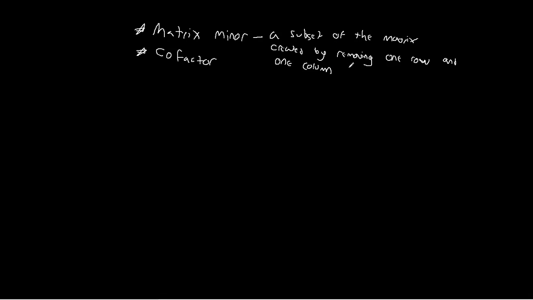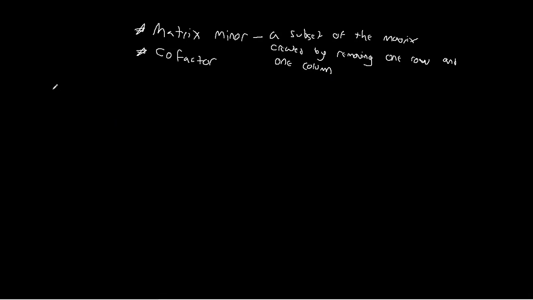If you think back to when we talked about augmenting matrices, we said we could take 2 different matrices and smash them together. Matrix minor is kind of the opposite approach: instead of adding more values to create a larger matrix, we're taking out values to create a smaller matrix. Specifically, we're removing 1 row and 1 column.